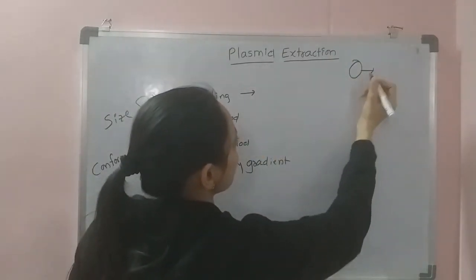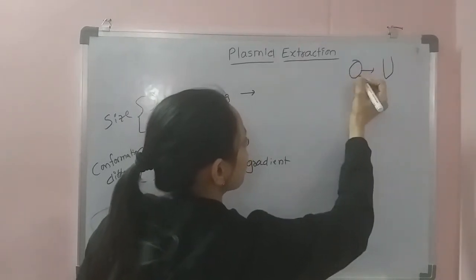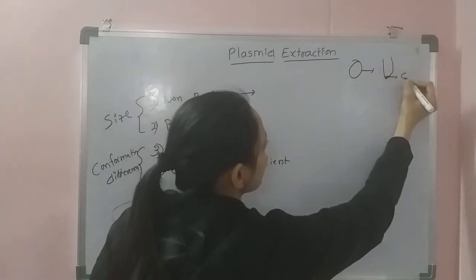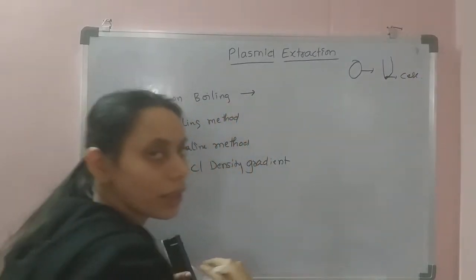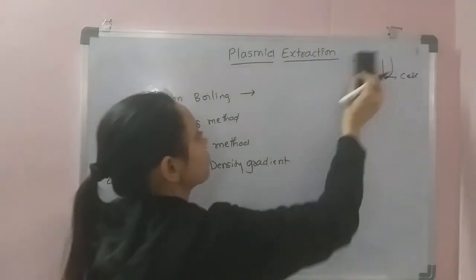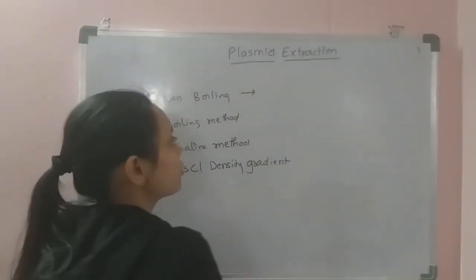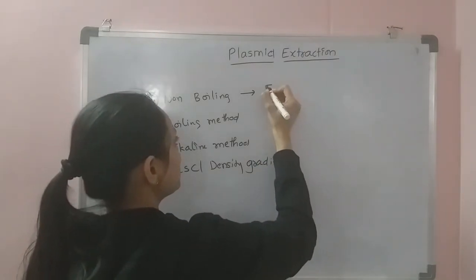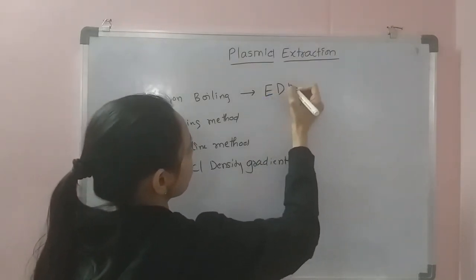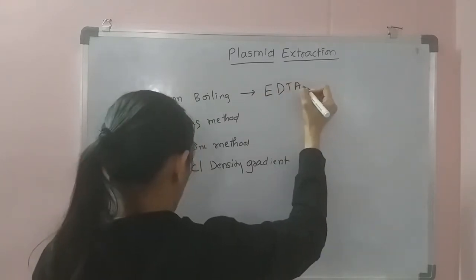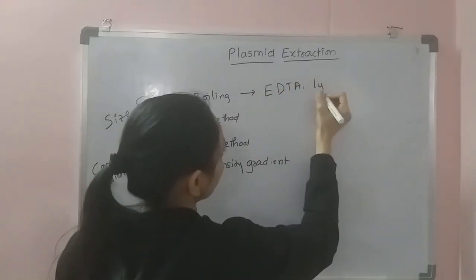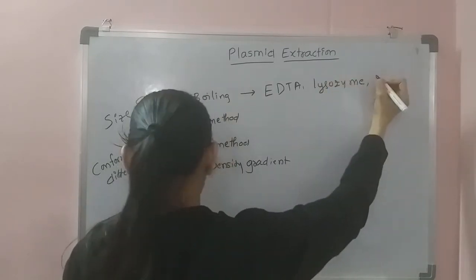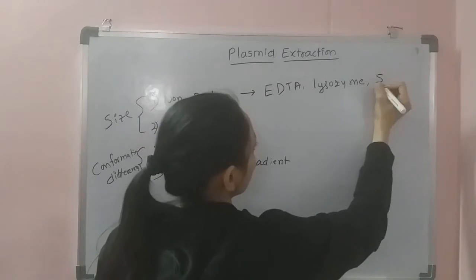These cell cultures are centrifuged, and from these cells we are going to isolate our plasmids, and to that cells we are going to add EDTA, lysozyme, and the sugar.